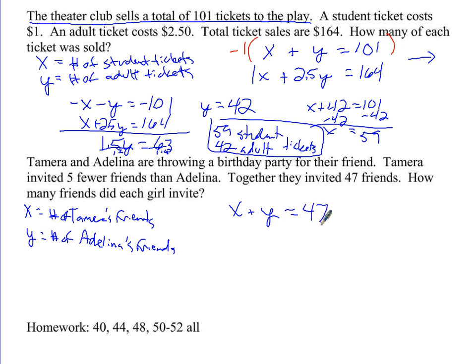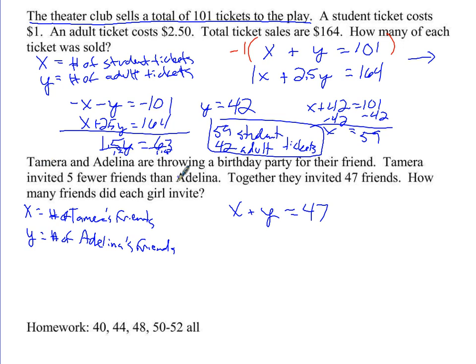Good. And? So Tamara invited 5 fewer friends than Adelina. If she invited 15. So if Tamara invited 15, how many did Adelina invite? 20, because she invited 5 more than the other one did.